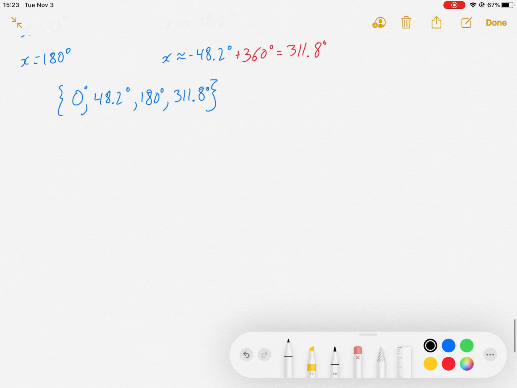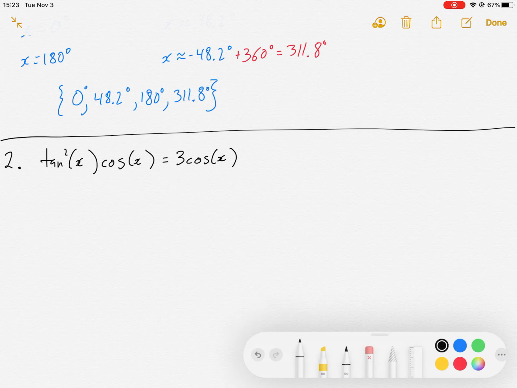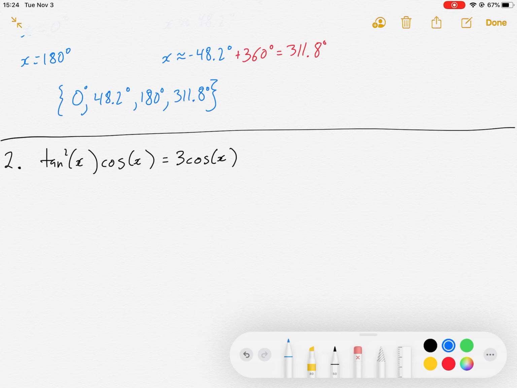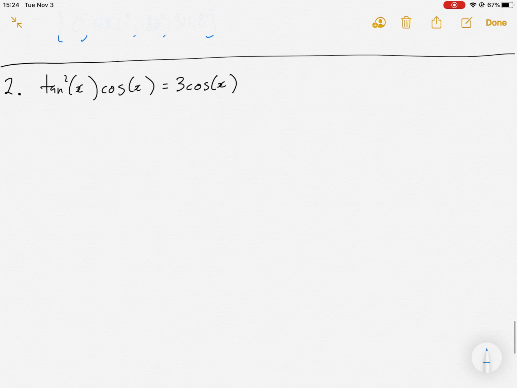Okay, let's take this a step further and kind of combine this with what we did in the previous video. So let's go ahead and do tangent squared of x cosine of x equals 3 cosine of x. Actually, I just remembered I said I would do the first one in a different way, so I'll go back to that first one and show you another way you could do it in a moment.